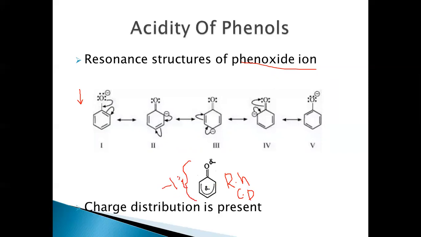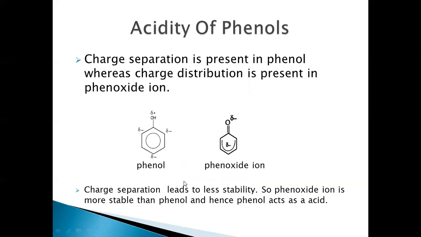There is no charge separation, and for this very reason, the phenoxide ion is more stable than phenol. When we look at the resonance hybrids of both these structures, there's a charge separation in phenol, and there's a charge delocalization or charge distribution in the phenoxide ion.